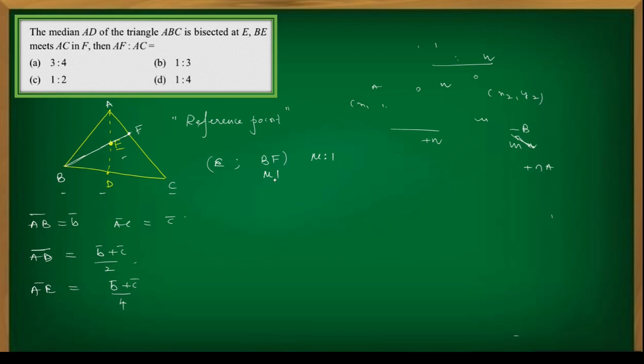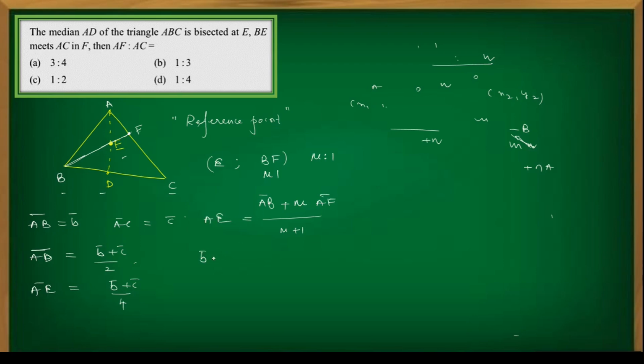BF is divided by E in the ratio mu is to 1. So what I'll write: 1 into B plus mu into F. 1 into B means AB. Position vectors you have to write. Mu into AF divided by mu plus 1, which should equal AE. Now what is AE?